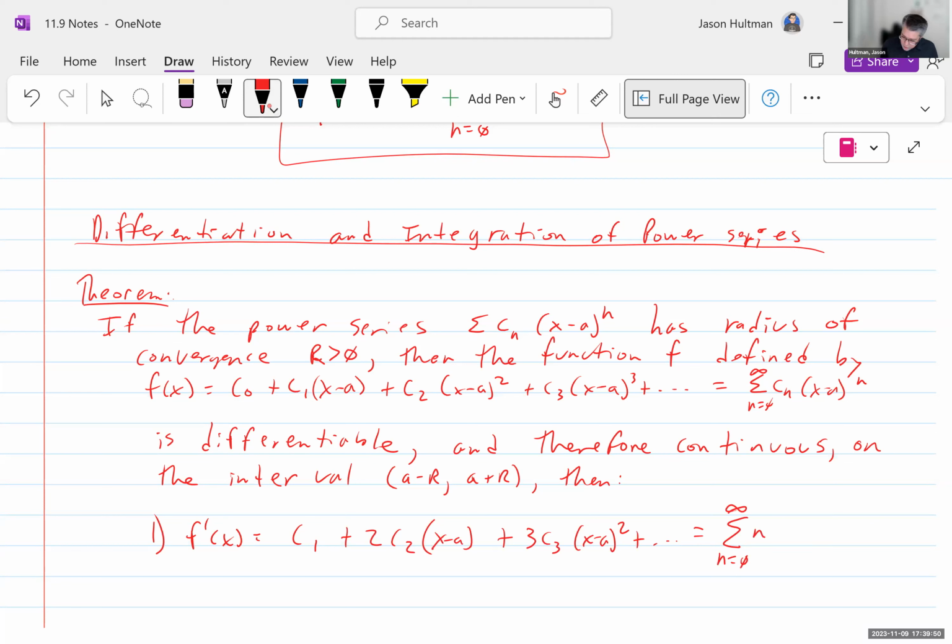So I have 1, 2, 3, n. And we can start at 0 because we would just get 0.